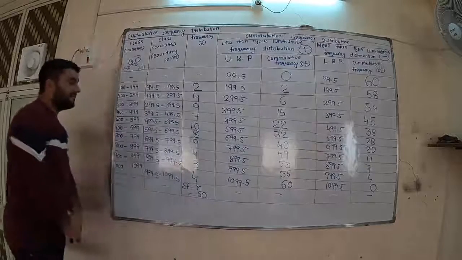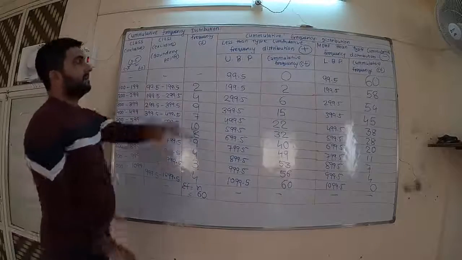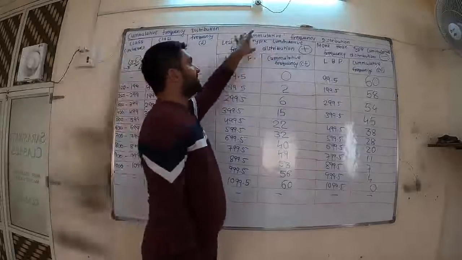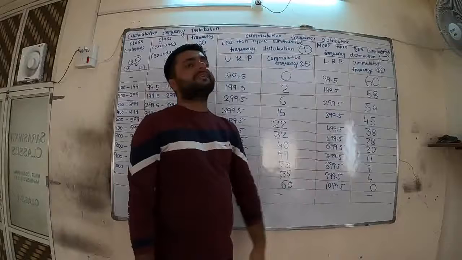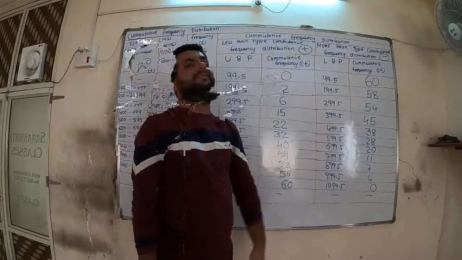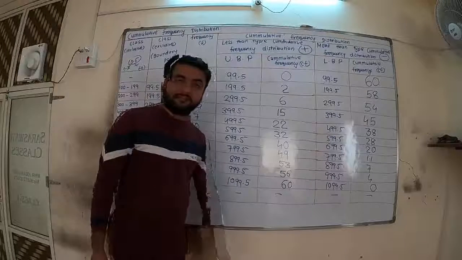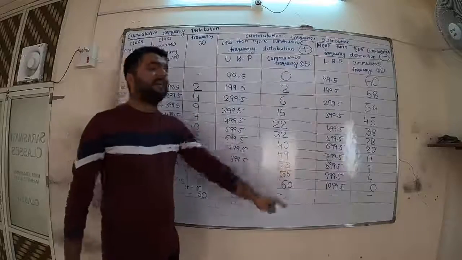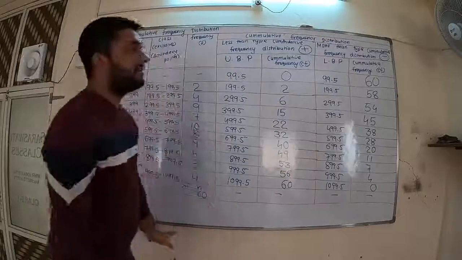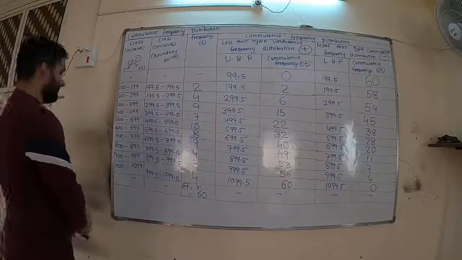So in this way we have completed the cumulative frequency distribution. In more than type, we start with the total, subtract each thing and get 0. This is the difference between less than and more than type.